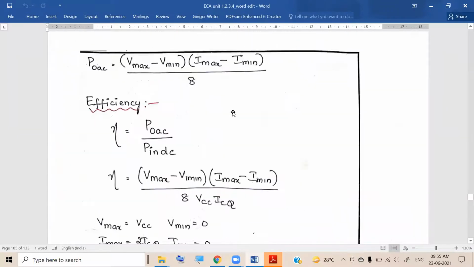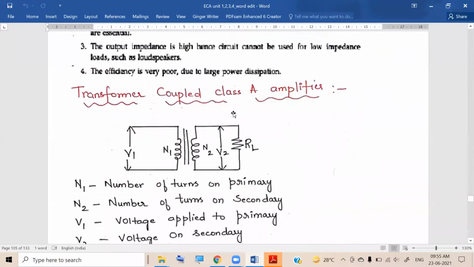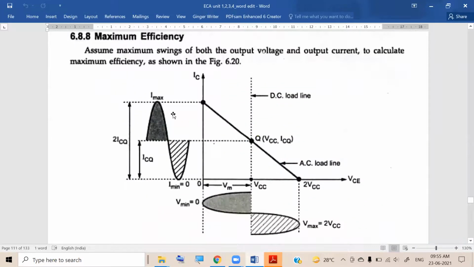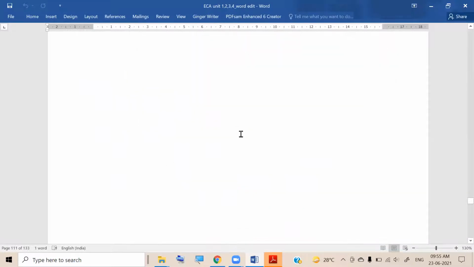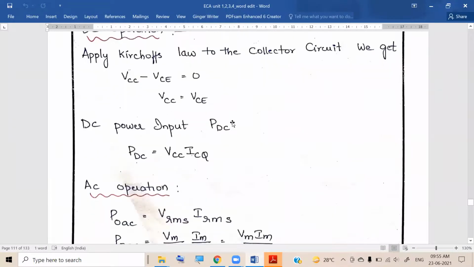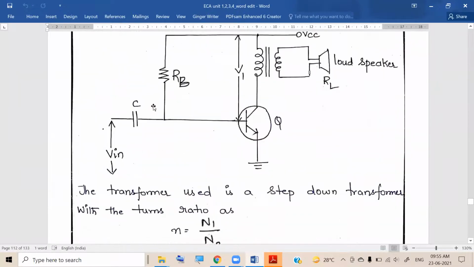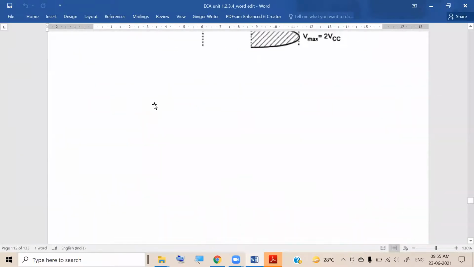What is the entire swing along the load line we are considering? What is the maximum signal that we can achieve? We are considering what is the maximum output power we can get. P naught AC, we are considering the maximum value.